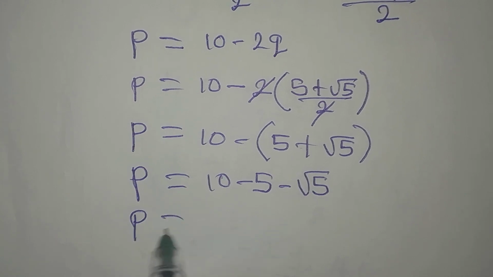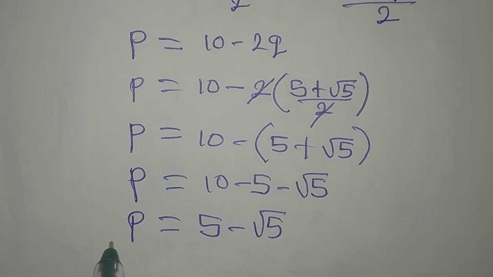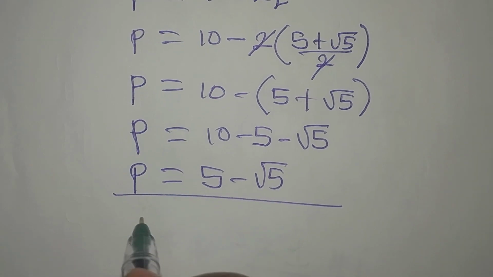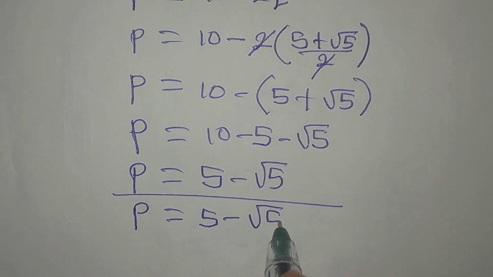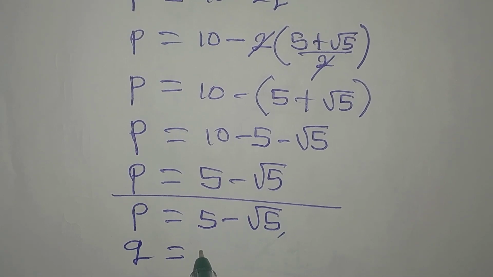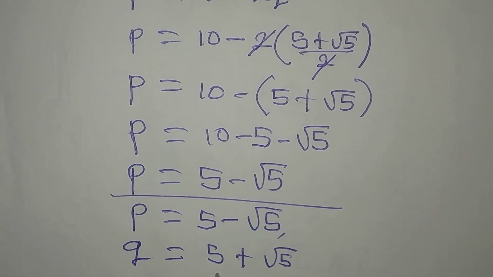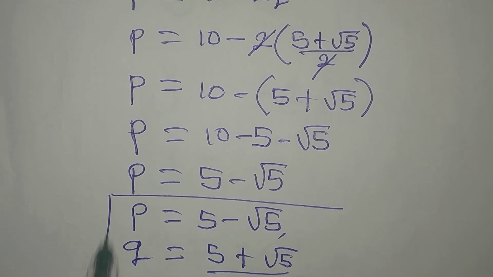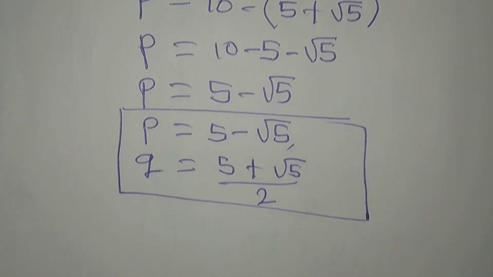And our P is 5 - √5. What are we saying? We are saying that when P = 5 - √5, Q = (5 + √5)/2. So from here now we have the value of P and the value of Q.